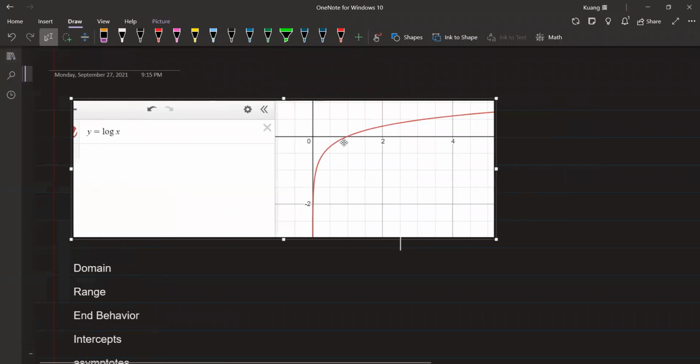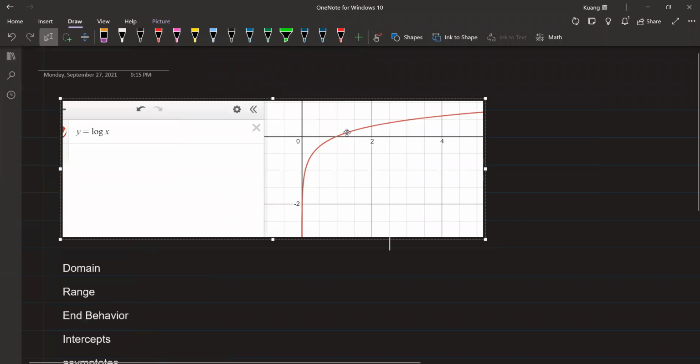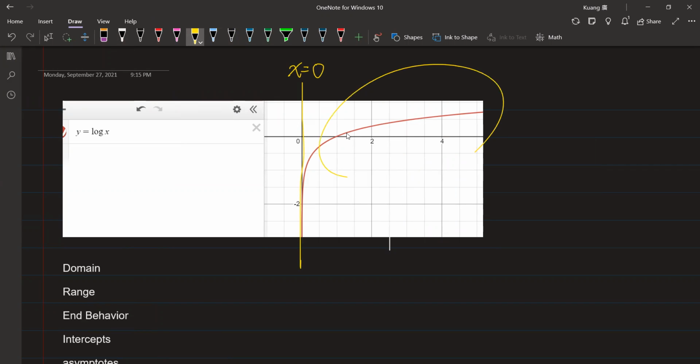All right. So what about domain, range, behavior, intercept, and asymptote for this graph? Domain is for left and right. You see the whole graph is on the right-hand side of the y-axis, which is also x equals 0.